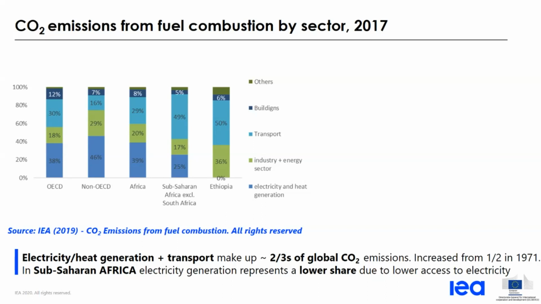Of course, there is the lower access to electricity, so there is a lower share of electricity production, but also because of a relatively higher share of renewable sources, mainly hydro. For example, in Ethiopia, electricity generation emissions are 0% because it's coming mostly from hydroelectricity and other renewable sources. There is some combustible, but it's really minimal.